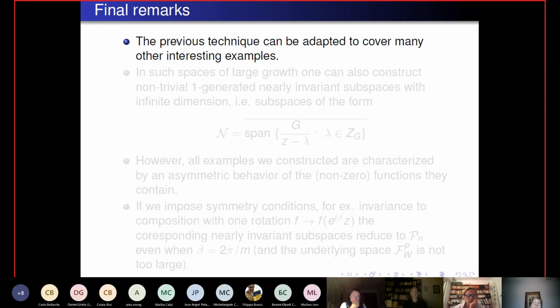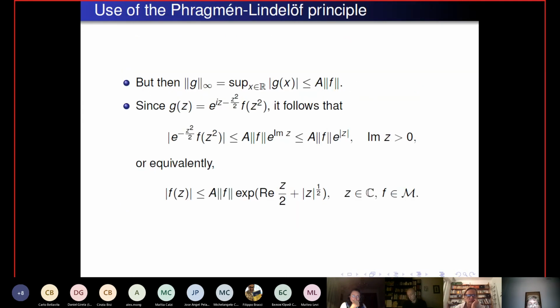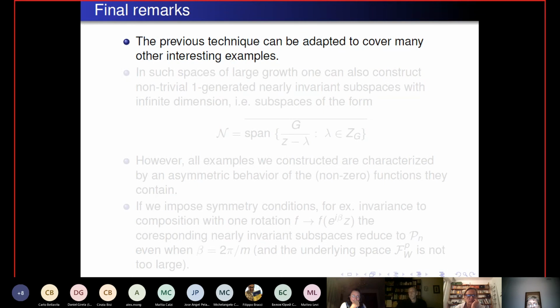Fine. Now, this technique, this is a very simple example that I showed to you, but you can do this in a much more general context. You can work with angles of any aperture. You can work with several angles.